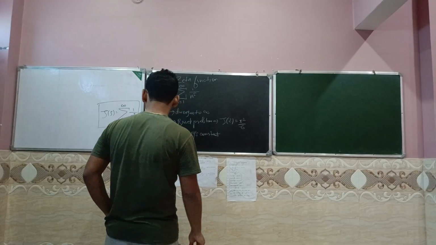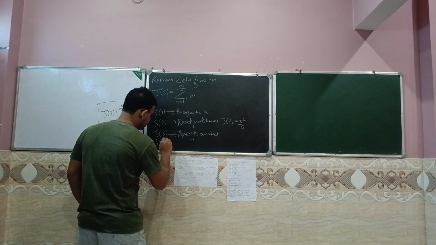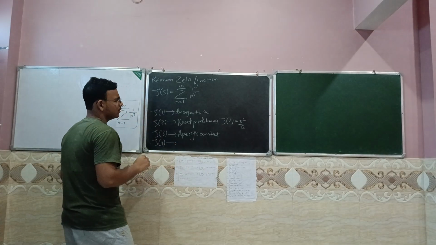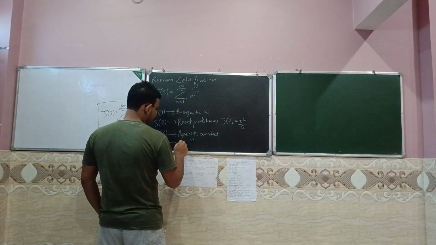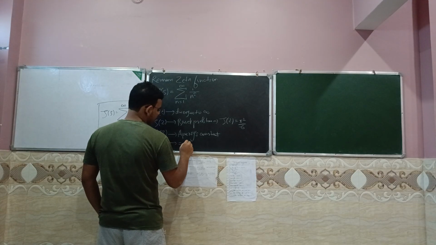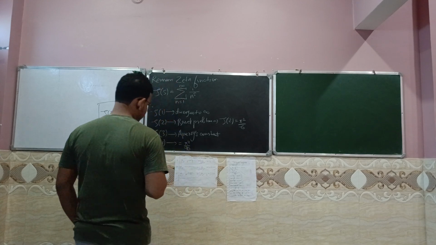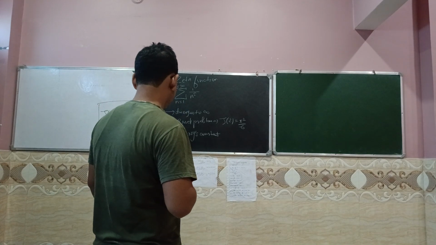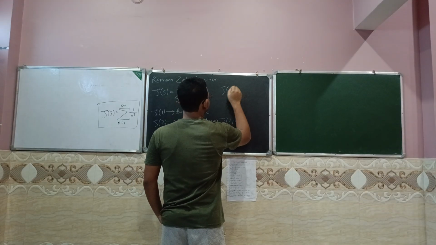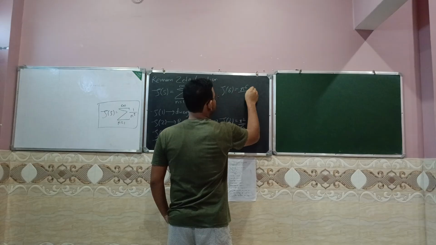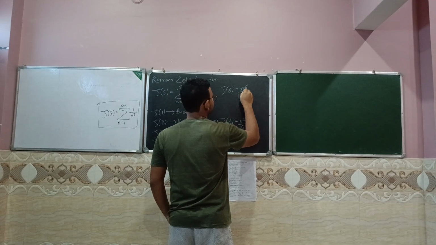Okay, anyways, let's move on to zeta of 4. I don't know what it's called, but whatever it is, the value of zeta of 4 is, I think, pi to the 4th over 90. And as much as I can remember, zeta of 6 is pi to the 6th over 1576, I think.